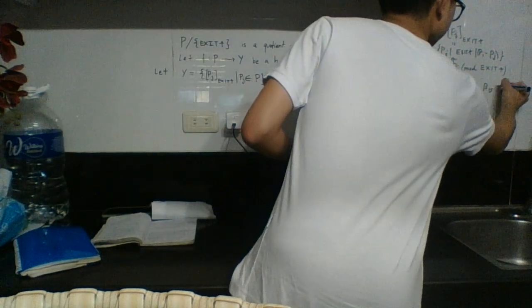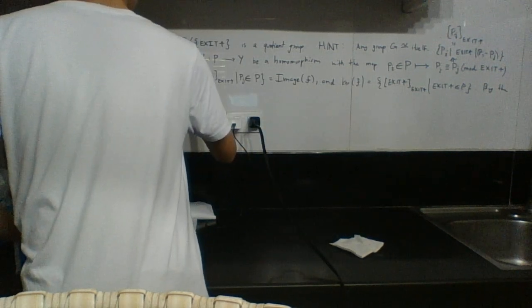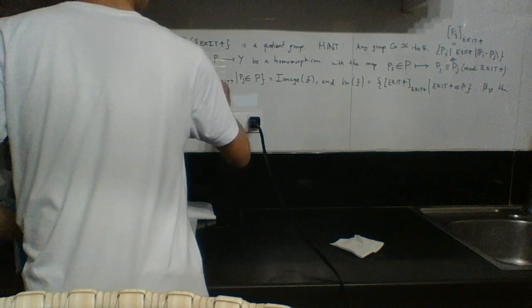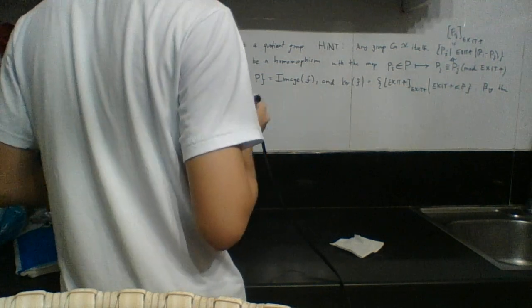By the first isomorphism theorem, indeed we see that P mod the kernel of F is isomorphic to the image of F. I'm just going to use IM instead of image.